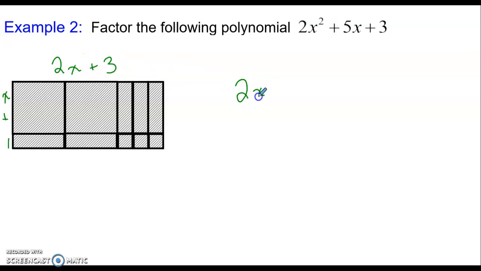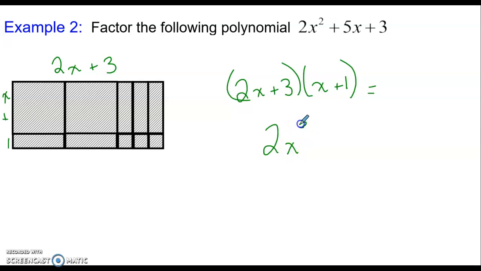So 2x plus 3 times x plus 1 would give us 2x squared plus 5x plus 3. But we also need to figure out how we factor without algebra tiles as well.